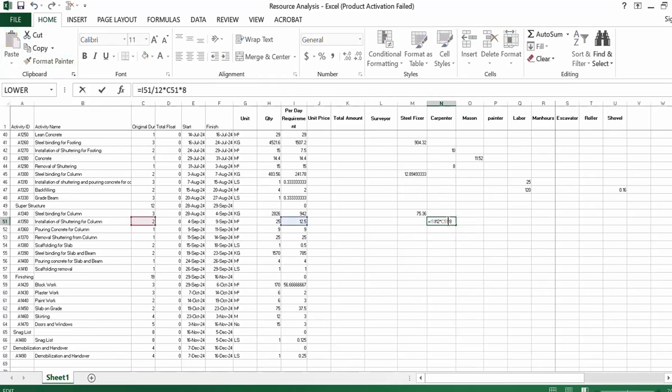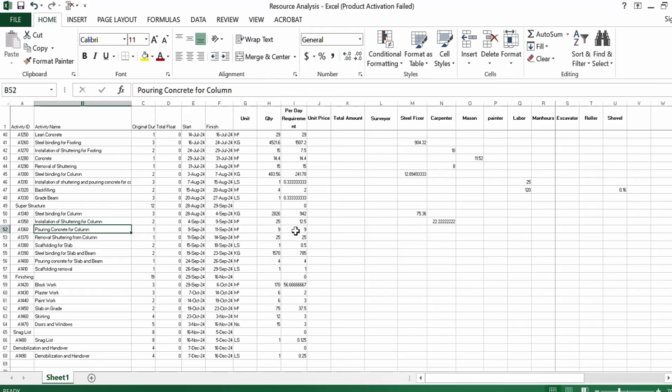Automatically you can see its man hour is mentioned. 16 hours is required to install the shuttering for column, and for the rate we can change it to 9 square meter because of the height, so it can give us accurate hours.